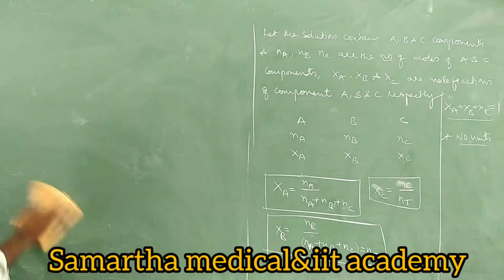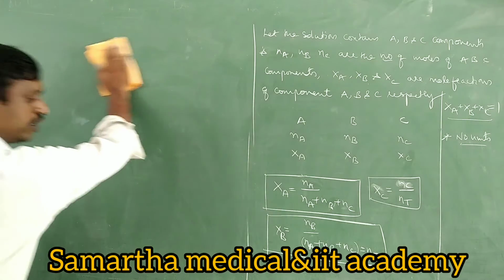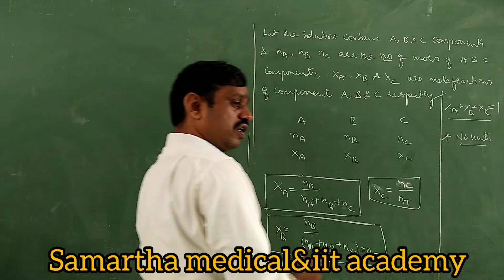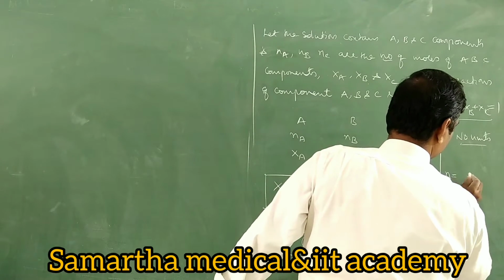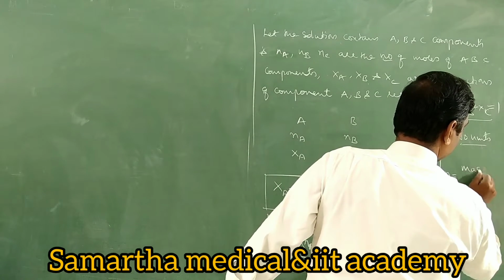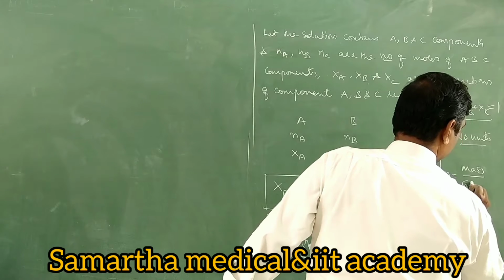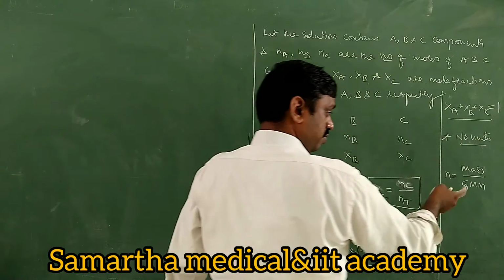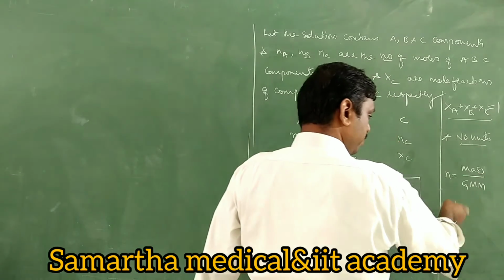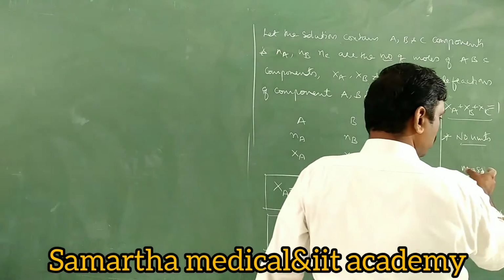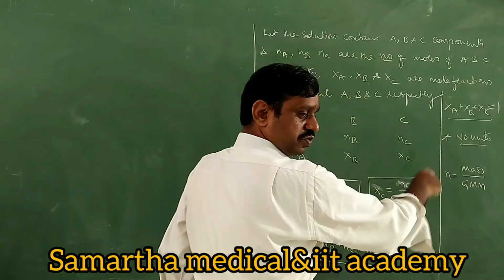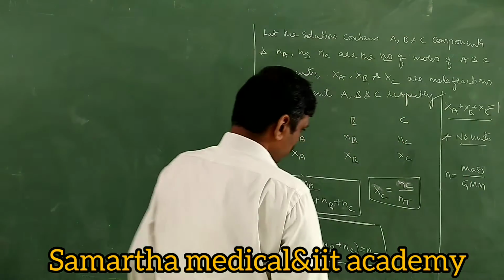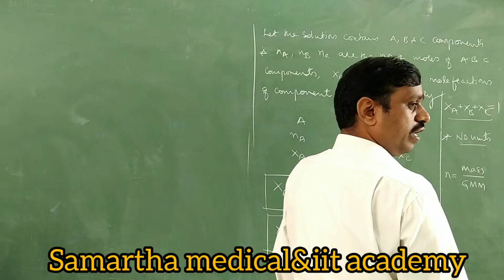Right, to calculate mole fraction we need to first calculate the number of moles. Then what is the number of moles? Weight by gram molar mass. This is one formula. Or if volume is given, the volume of the substance divided by 22400 ml, that is 22.4 liters.